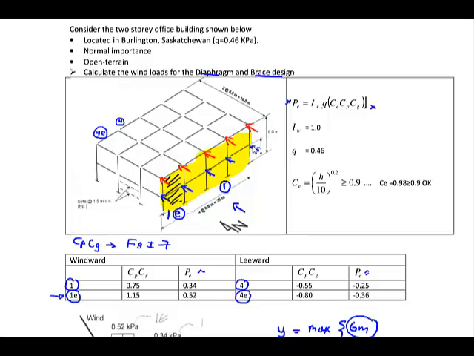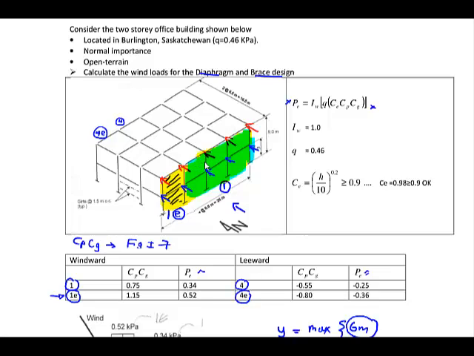So I'm going to find these values, and the way I find it is just based on the tributary area concept. So let me just use a different color here to distinguish between the end region and our regular region. Okay, so what I need to do is look at my tributary area.